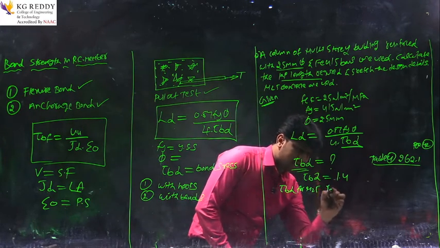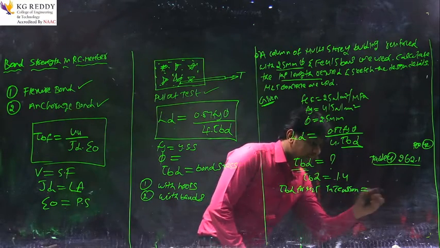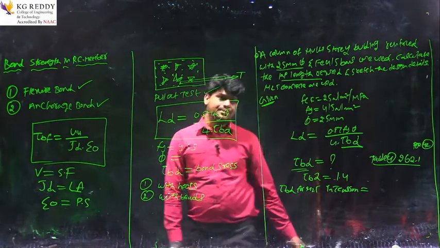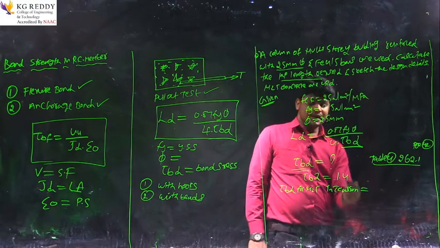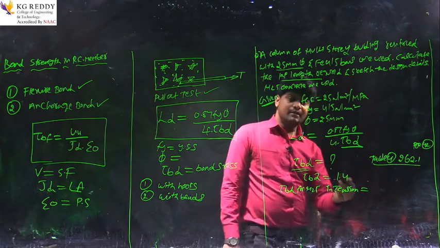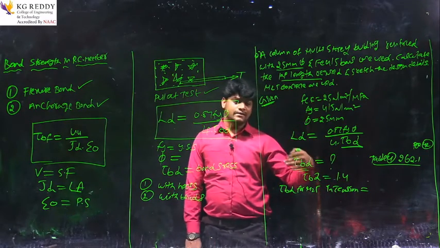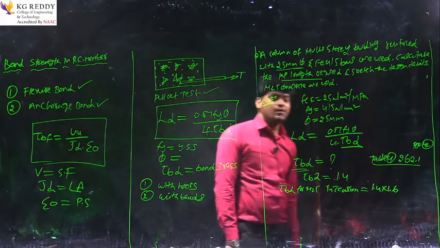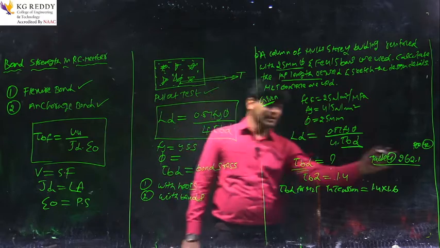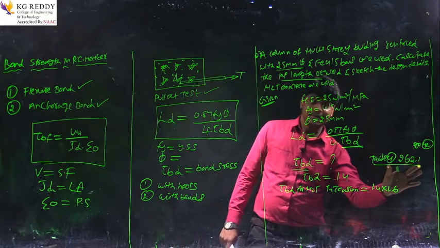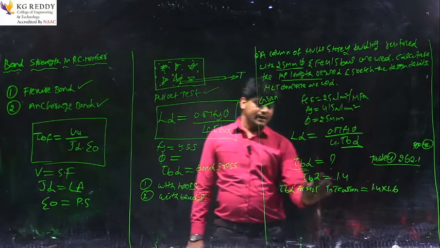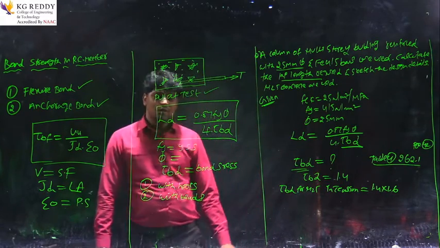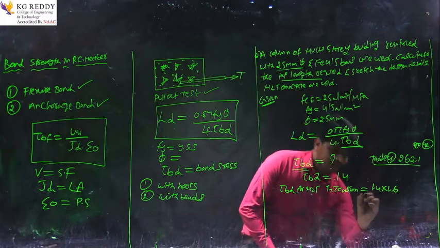If you are taking deformed bars, the value is multiplied by 1.6, as the table mentions. So 1.4 into 1.6 gives the total value in tension, 2.24.